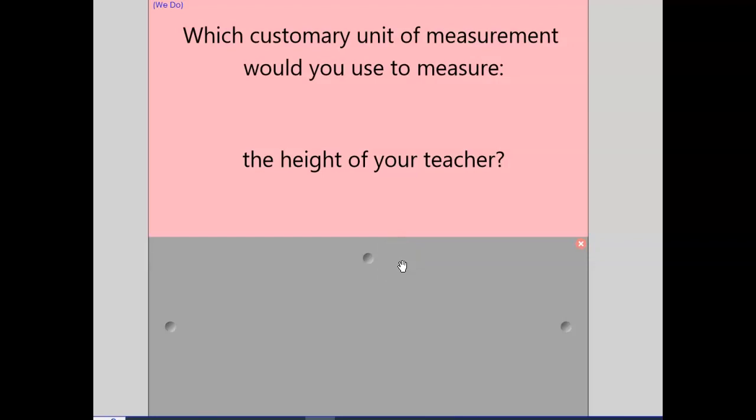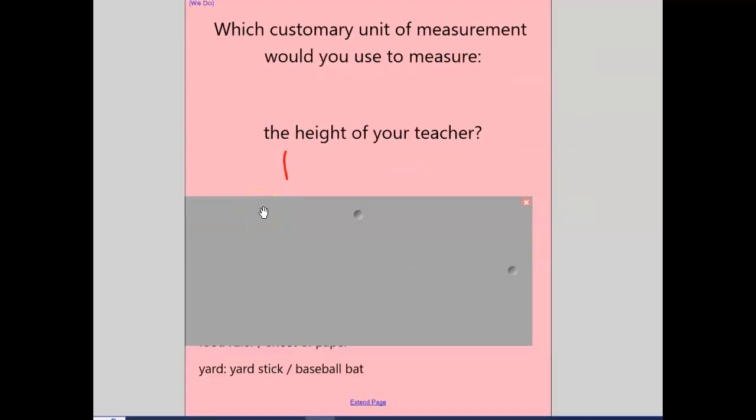Realistically, the best choice of measurement would be to measure in feet. Yes, you can also probably use yards, like a yardstick, but that would probably only be about 1 yard and some feet, or maybe at the most 2 yards if you're really tall. The best way to measure would be in feet.